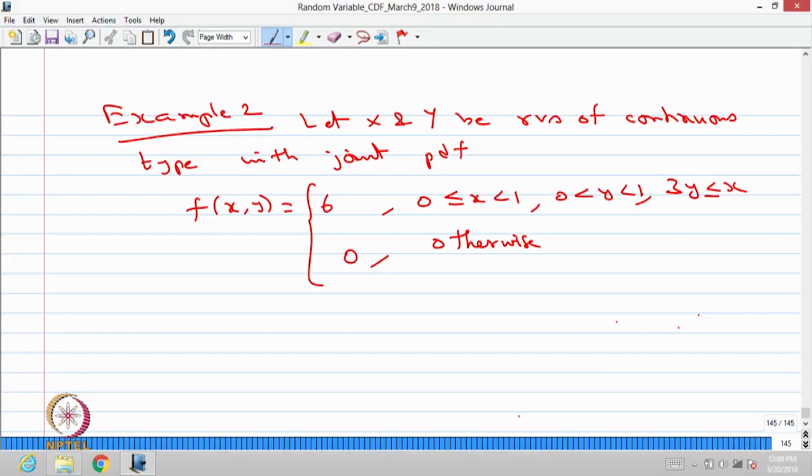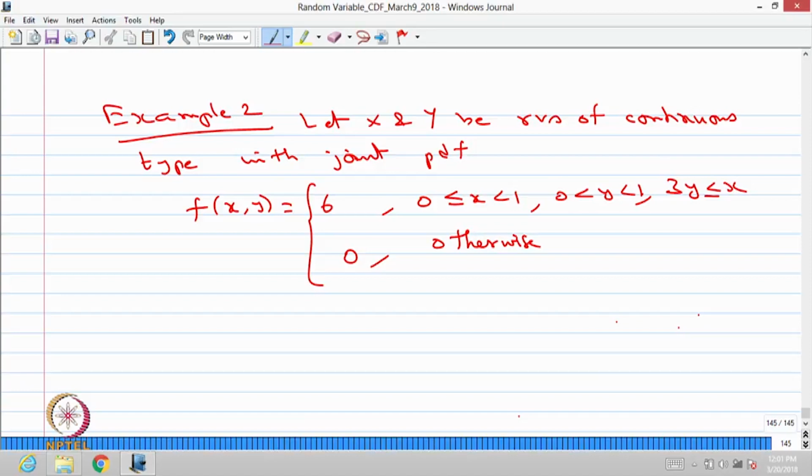That means if you do the double integration over x and y, this has to be 1. So one can verify this double integration is 1, therefore this is a correct joint probability density function.